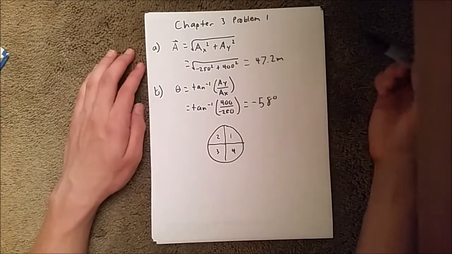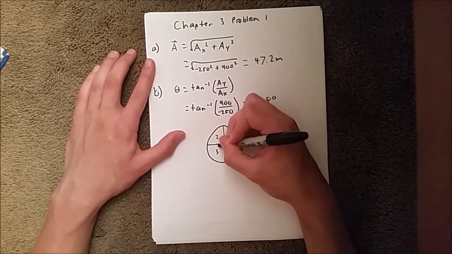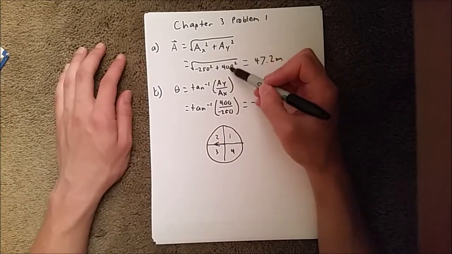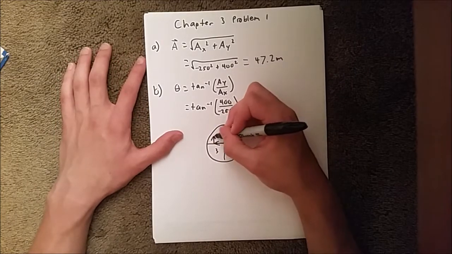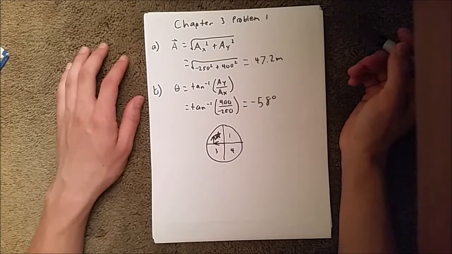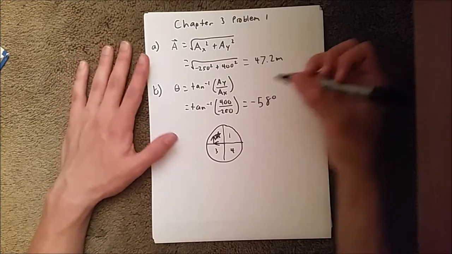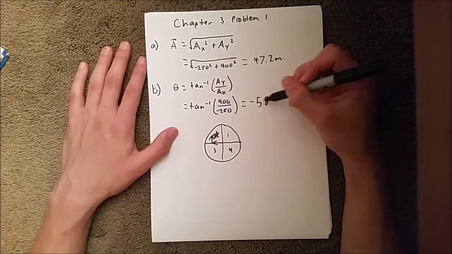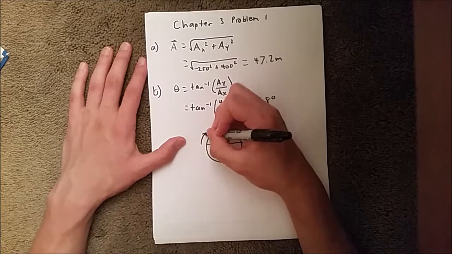And if we look here, our x component is negative, so we're going to go this way. And then our y component is positive, so we're going to go this way, which means that our vector is in quadrant 2. And this negative 58 right here means that it is negative 58 degrees from the second quadrant, so it's this way.